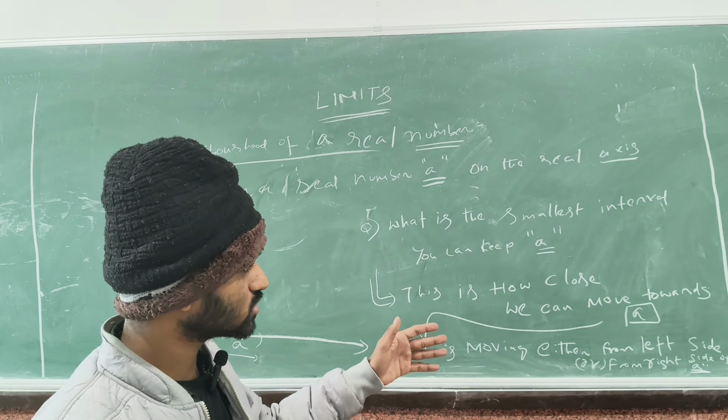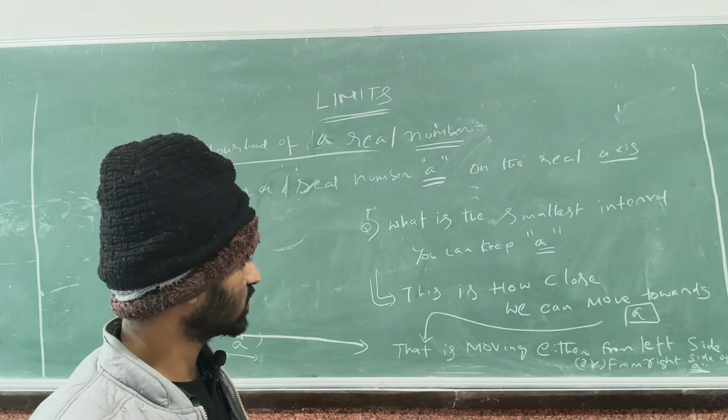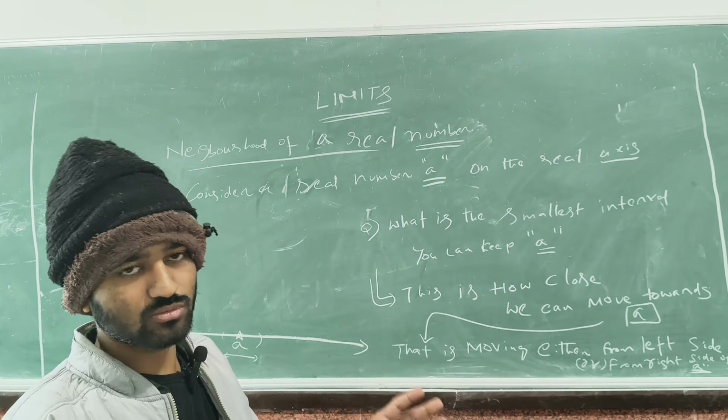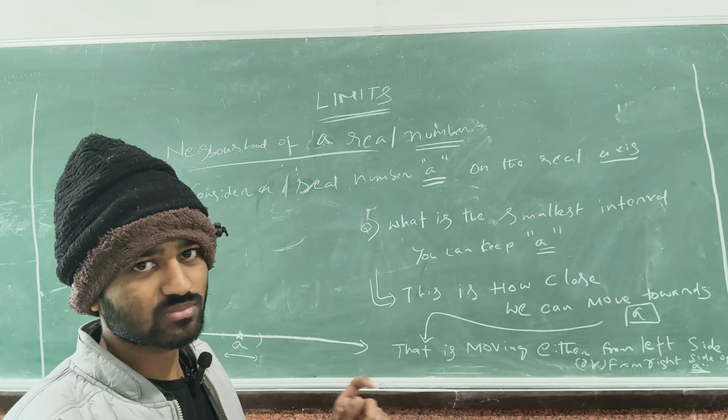This is how close we can move towards A, either from the left side or from the right side of A. The smallest interval we can keep A in is how close we can move towards A, either approaching from the left side or from the right side.